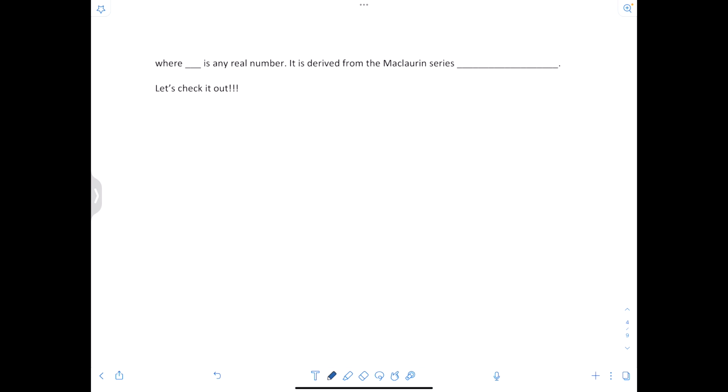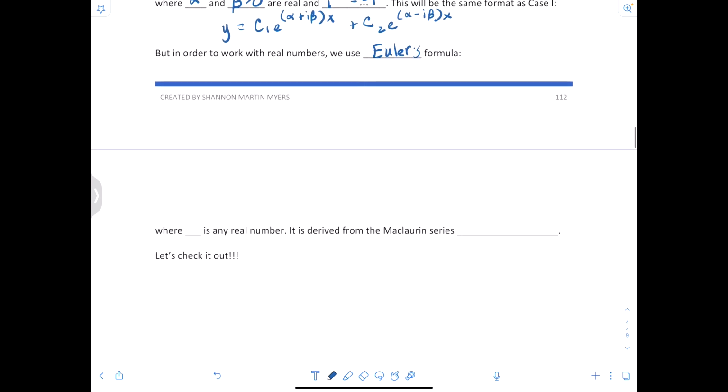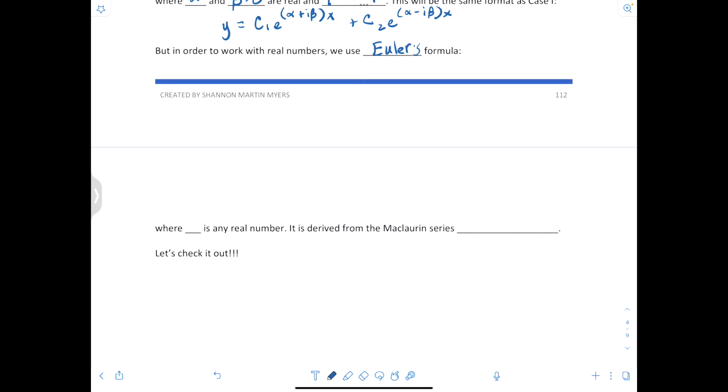So here we go. And by the way, Euler's formula is e raised to the I theta is equal to cosine theta plus I times sine theta, where theta is any real number.